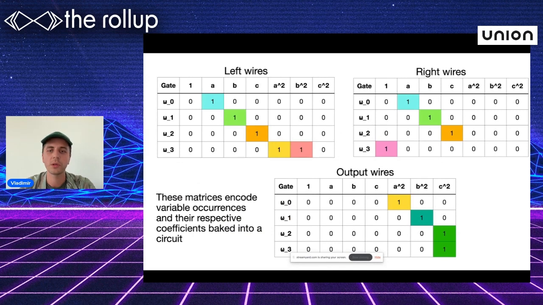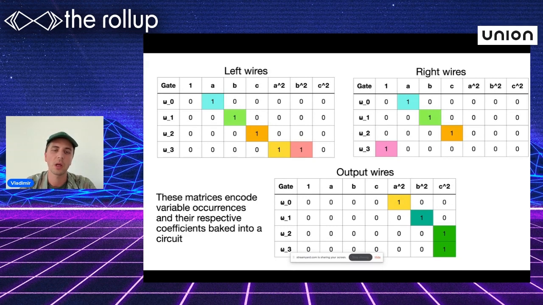What we do next is we can transform these equations into a table, which, in my opinion, is a little bit more visually understandable. What we see here is whether a specific variable is involved in the calculation of a specific gate.